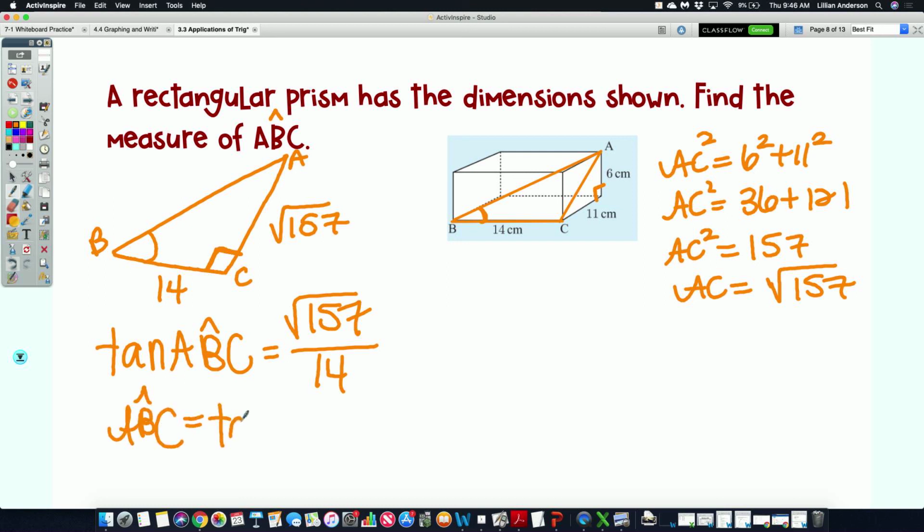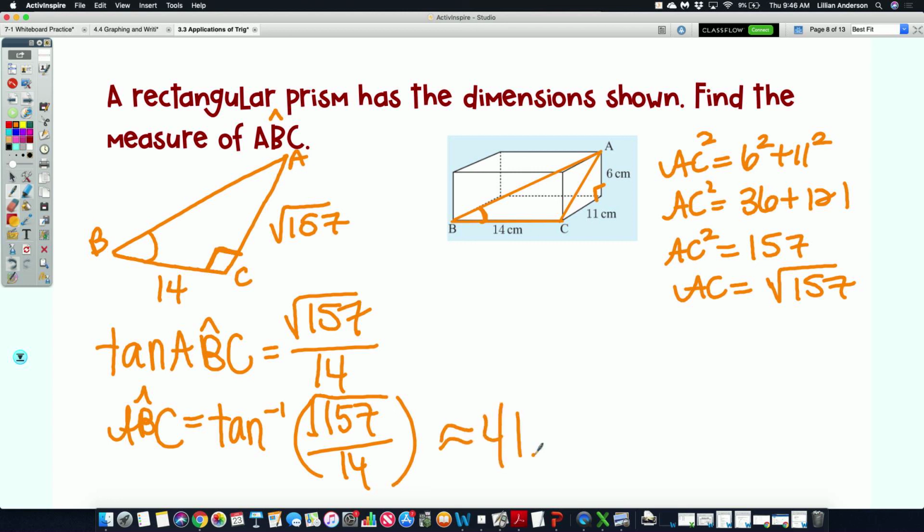Because I'm looking for an angle, I have to do the inverse. So tangent inverse of the square root of 157 over 14 is equal to 41.8. Questions?